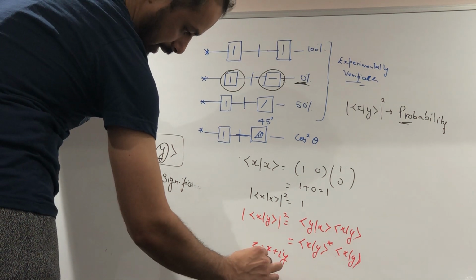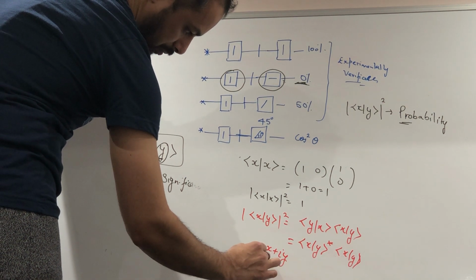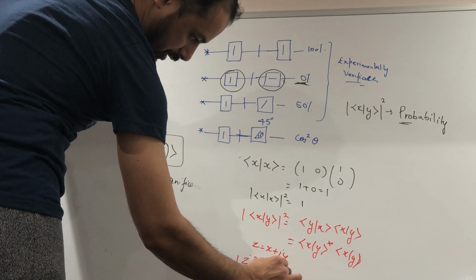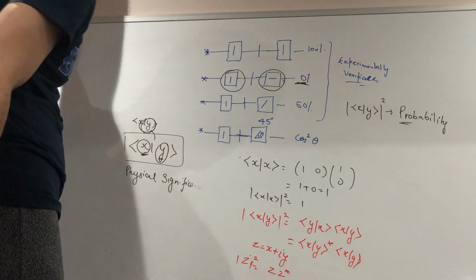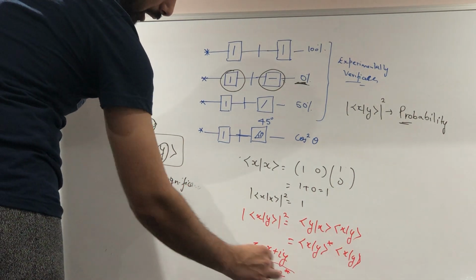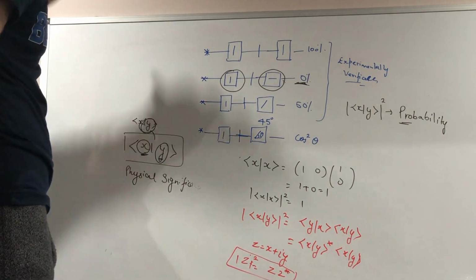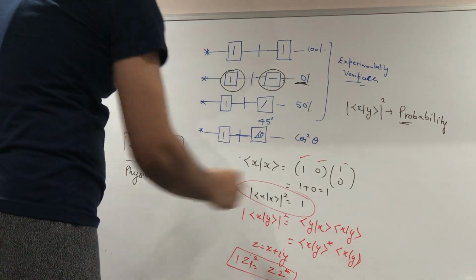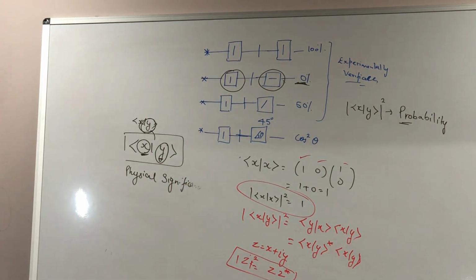How do you write the z modulus? It is z modulus square, which is z into z conjugate, right? So that's how I represent it if it contains complex numbers. Since I have only real numbers, that's why I mentioned squaring this term. So this is the thing you have to remember.